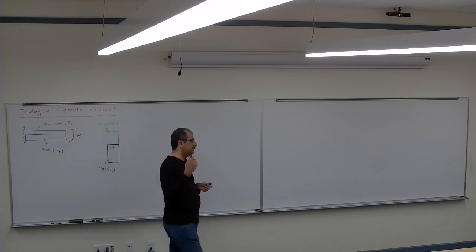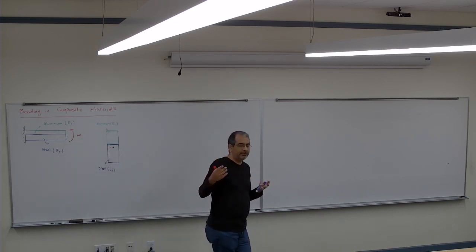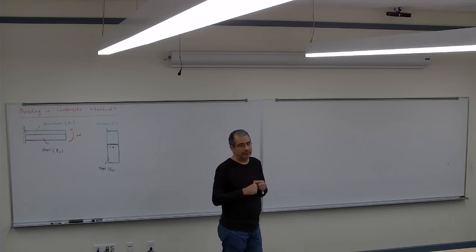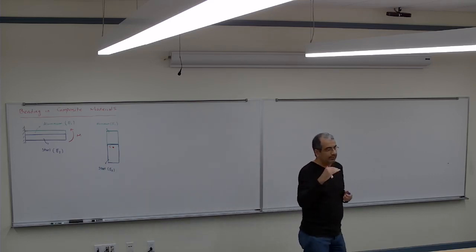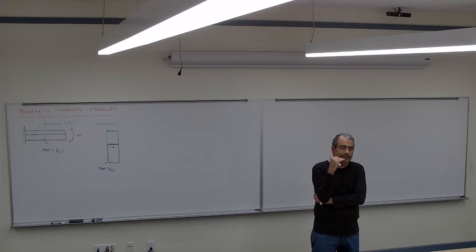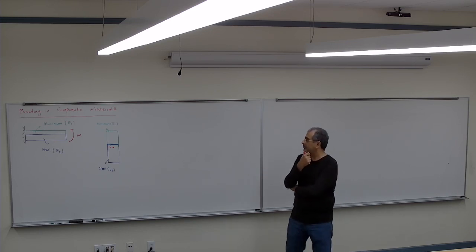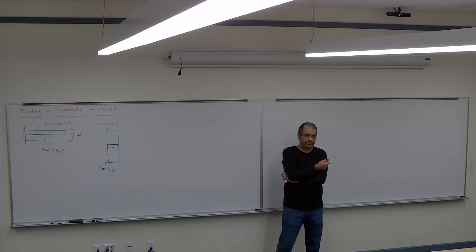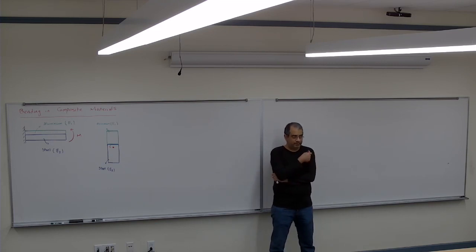Before I start, we know that if it's made of a single material, the neutral axis, where the strain is going to be zero, passes through the centroid. Do you think it's going to pass through the centroid here? No. It does not.